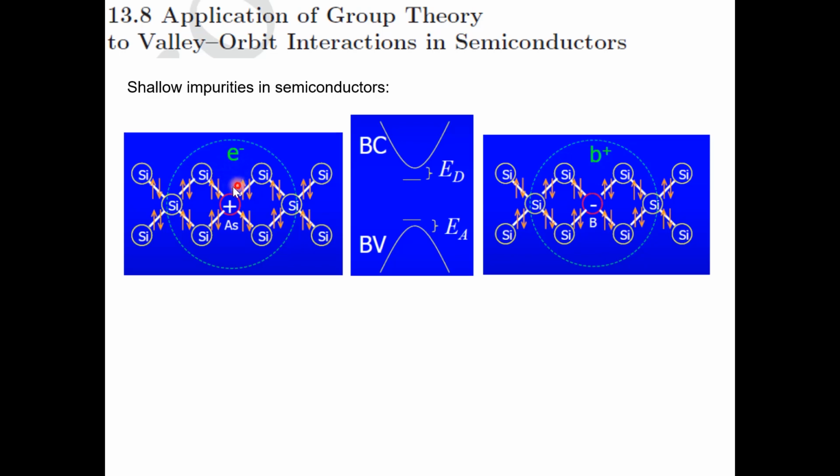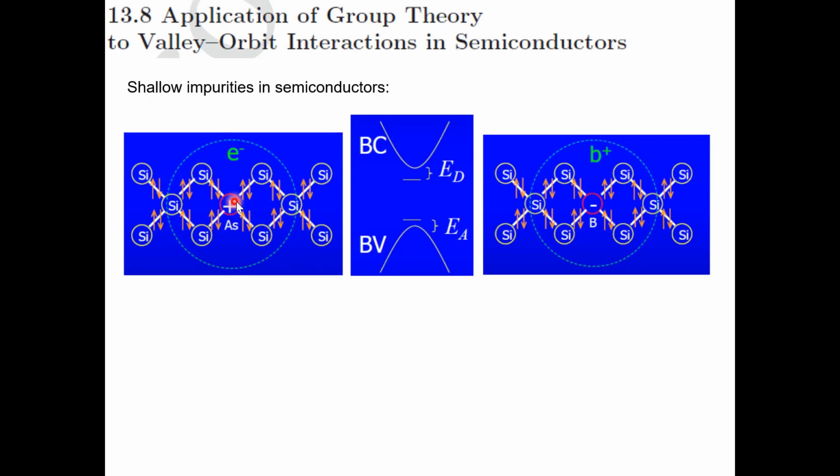move in this extended state in the conduction band, but arsenic also has 1 extra proton with respect to silicon. So there is a center of positive charge here that will attract this extra electron, and this will make a system which is reasonably similar to a hydrogen atom, right?